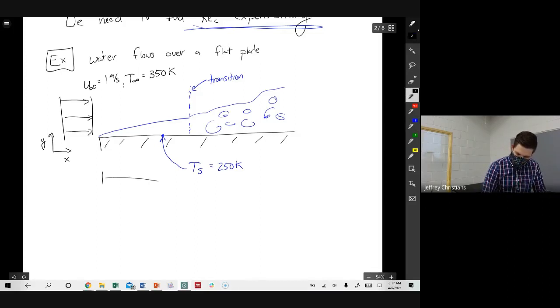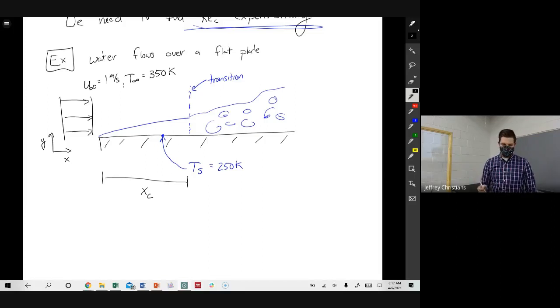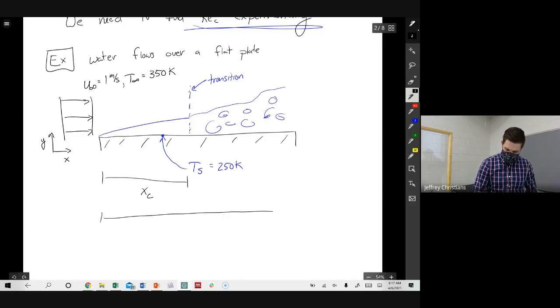So we want to figure out that dimension. We'll call it the critical dimension, X_C, which corresponds to this critical Reynolds number where the transition occurs. For this particular case, we know the total length of the plate, L equals 0.6 meters.